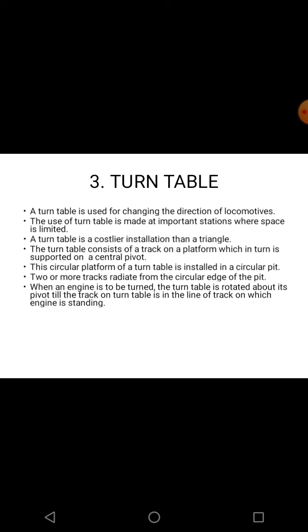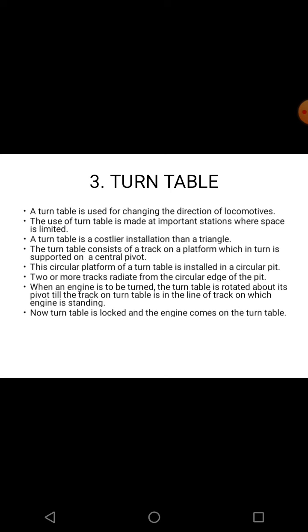So you will connect your engine line and the turntable in a single line. Now you will lock the turntable, and then you will bring the engine onto the turntable. Now the turntable will revolve and come to the position, and then the turntable is locked and the engine is moved to the other direction. Clear?